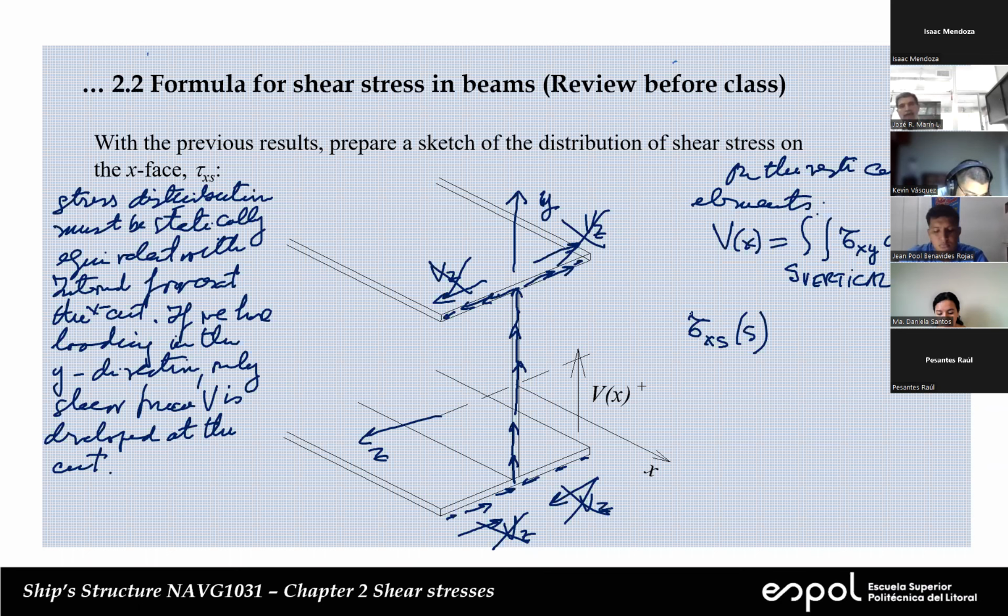Because remember, shear force is the result of equilibrium. If that's not true, that means that you are not in equilibrium. Then that's what you have to do in the homework. You have to integrate the shear stress and check that it indeed corresponds to the shear force.